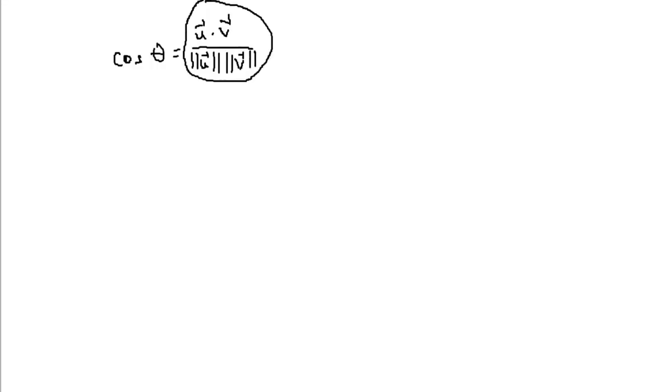Now, there's a couple of inequalities that always hold for vectors. I want to give you those as well. The first one that we'll talk about is called the Schwarz Inequality.